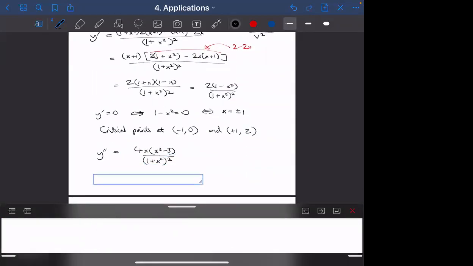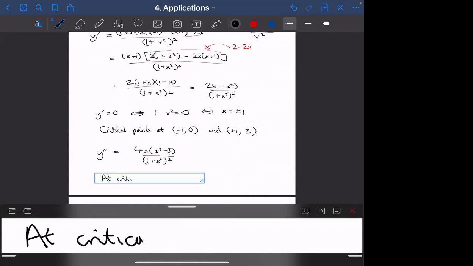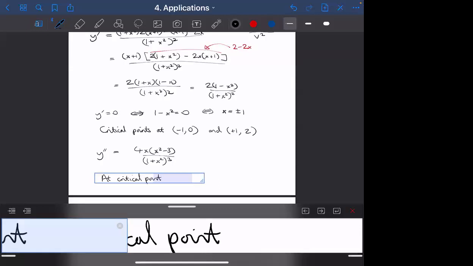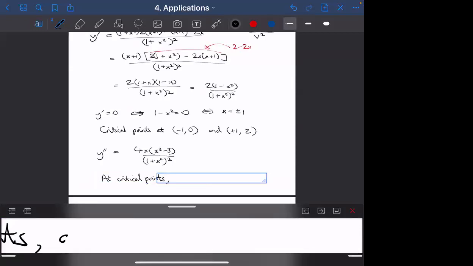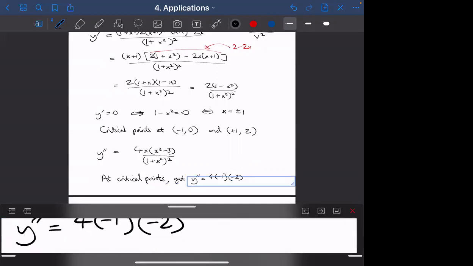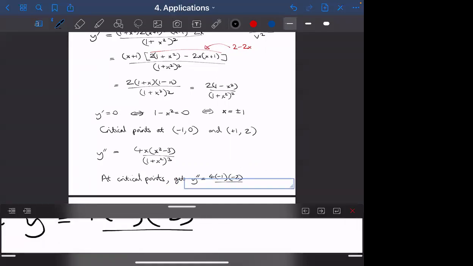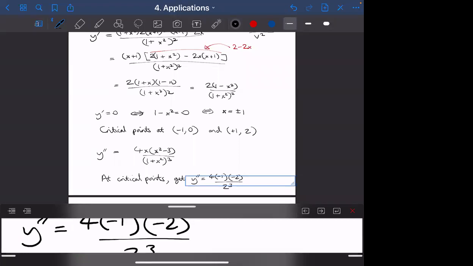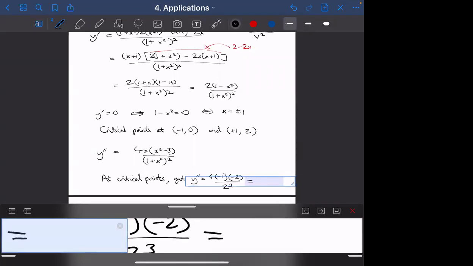So let's evaluate at the critical points. At the critical points, we get y prime prime is, if I put minus 1, I get 4 times minus 1 times minus 2 over 2 to the power 3, yes. So I get a plus 1.